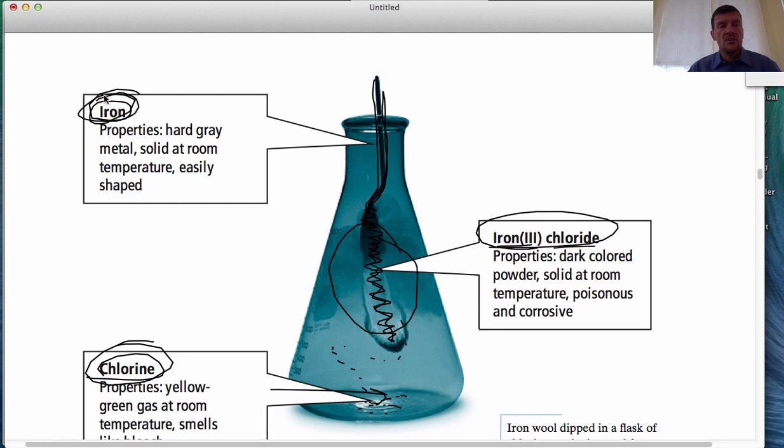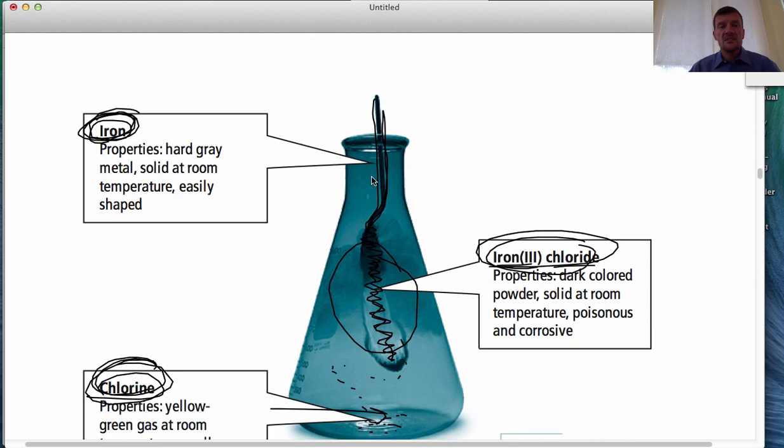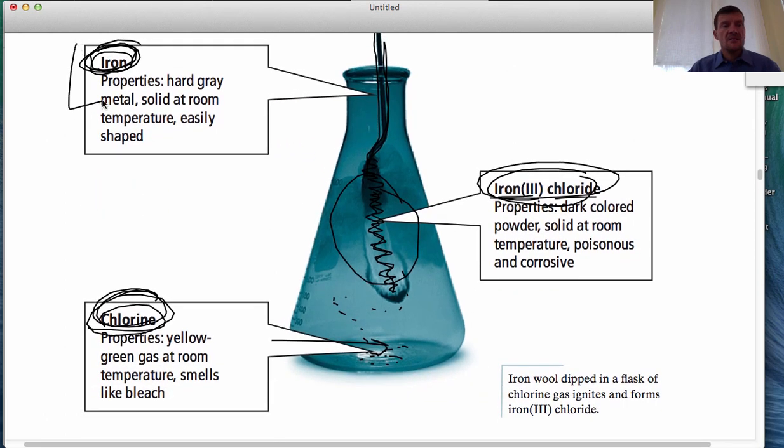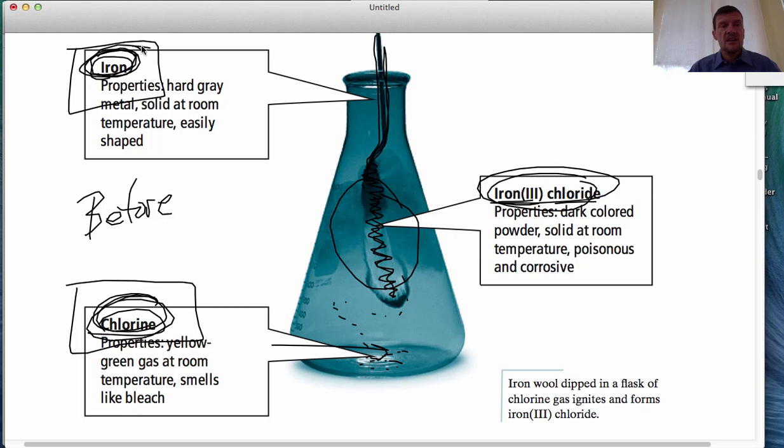So you're going to use some of the iron and some of the chlorine in order to form iron chloride, but the mass of the iron and the chlorine before the reaction is going to equal the mass of the iron, chlorine, and the new substance, iron chloride, after.